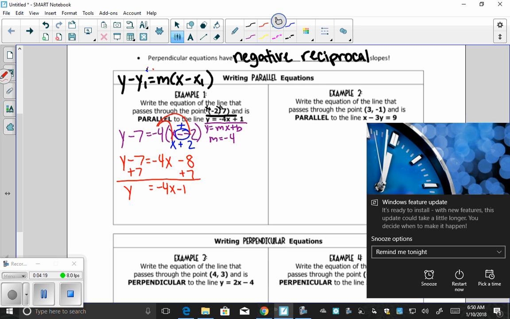That is a line that is parallel to here and here. These two lines are parallel because they have the exact same slope. And this line crosses this point.